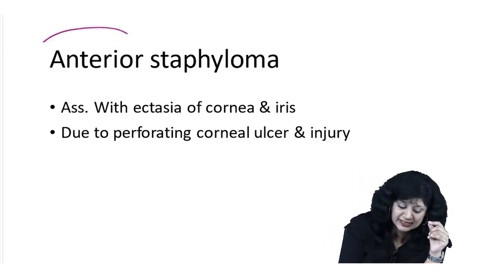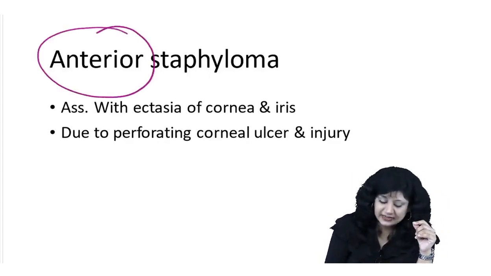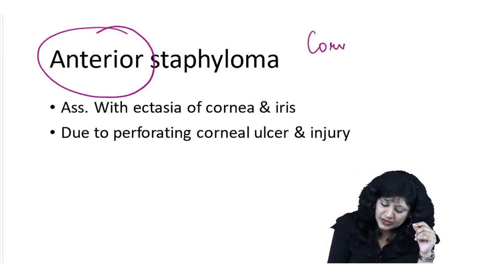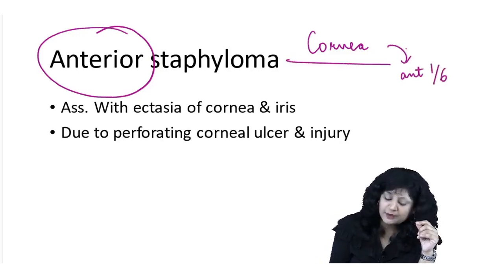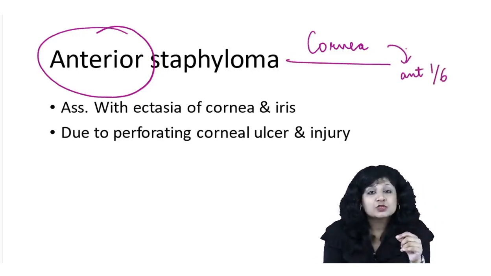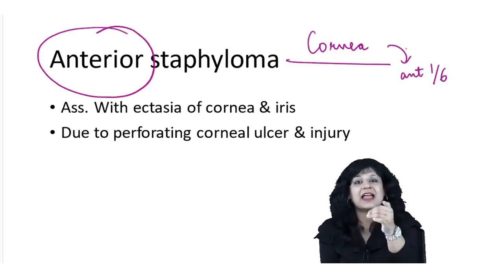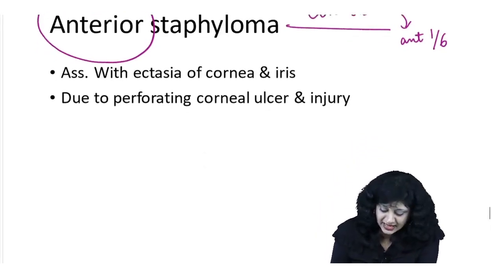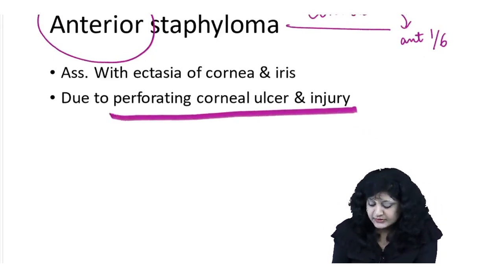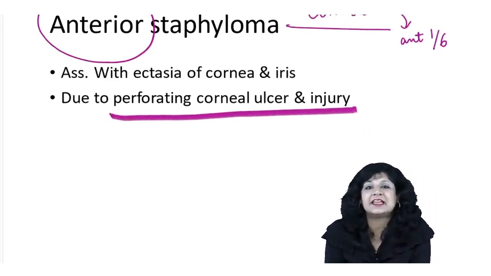Now obviously when it is anterior, it has something to do with the cornea, because cornea is the anterior 1/6 of your outer tunic of the eyeball. So what is the one thing that can cause the anterior staphyloma? It can be perforating corneal ulcers and injury.